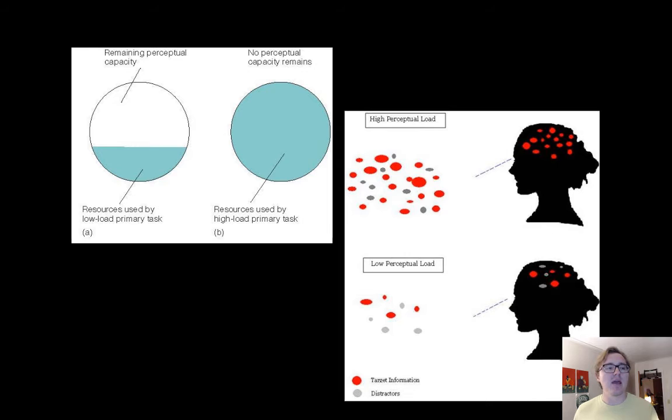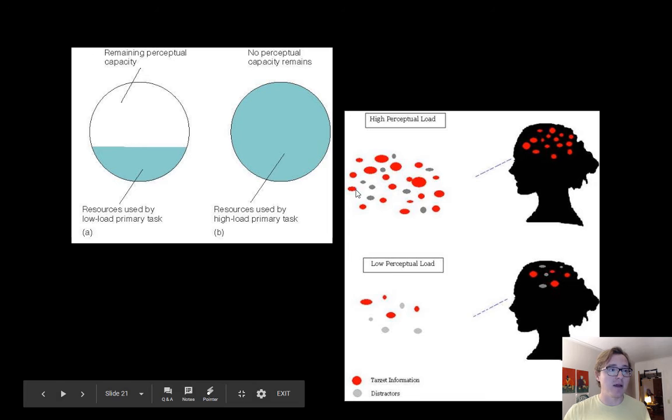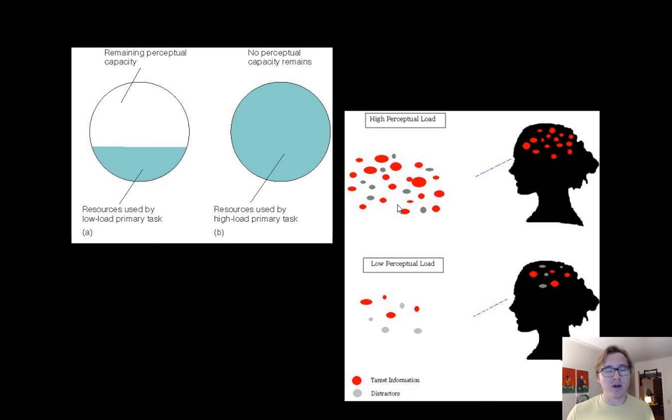The figure on the right shows a high perceptual load versus low perceptual load circumstance in which a participant in the top, who's in a high load circumstance, might find themselves retaining a lot of target information, the important information indicated by the red, but they're not going to be able to remember all of it because there's still a lot more information there than in the low perceptual load. However, in a low perceptual load situation, participants might end up remembering distractors or non-important information.